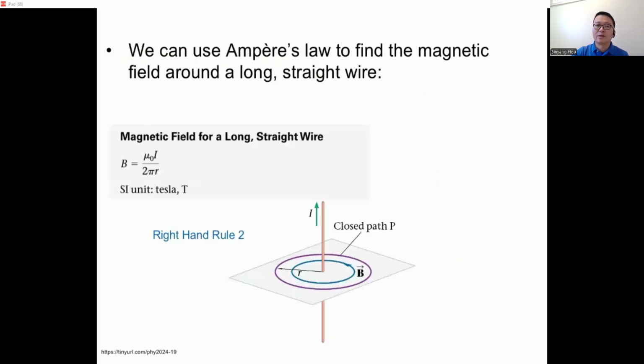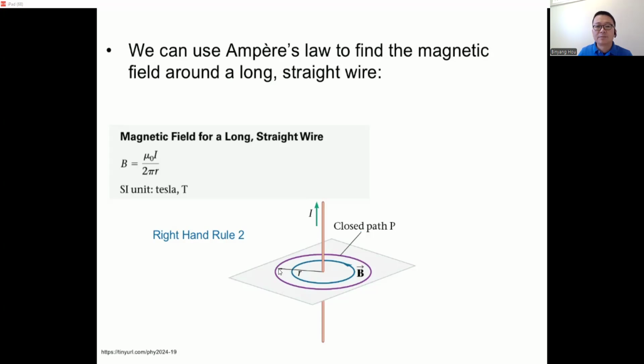The simplest one is a single straight wire carrying current. Let's say we are looking for the B field somewhere a distance R away.